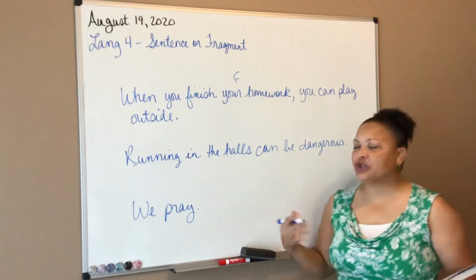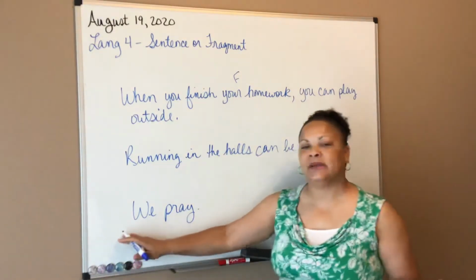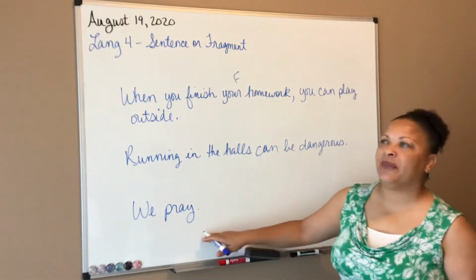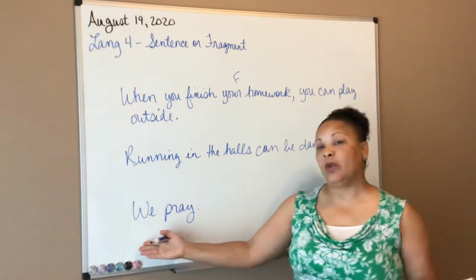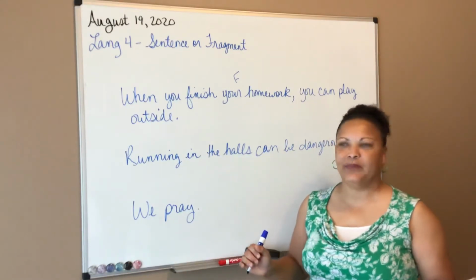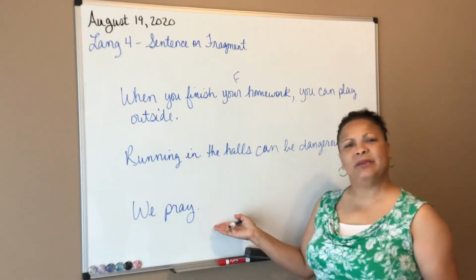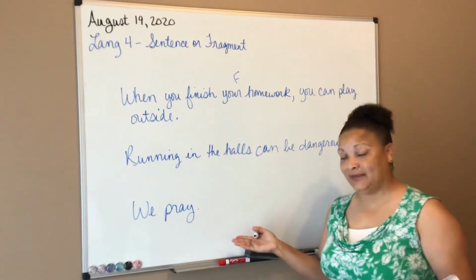Now let's look at a shorter version of what we might think could not be a complete sentence. So here we have: we pray. Two little words, right? Could this possibly be a complete thought? Is this a sentence or a fragment?